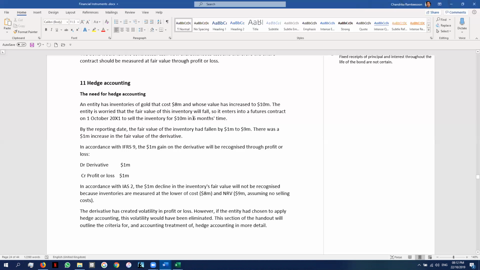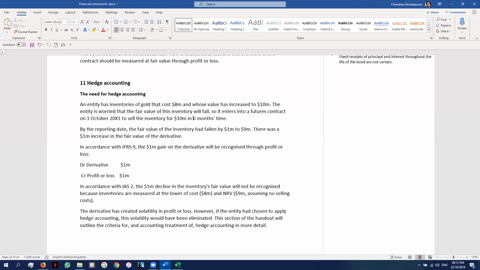The need for hedge accounting, firstly. An entity has inventories of gold that cost $8 million and whose value has increased to $10 million. The entity is worried that the fair value of the inventory will fall. And so it enters into a futures contract on 1st October X1 to sell the inventory for $10 million in 6 months' time.